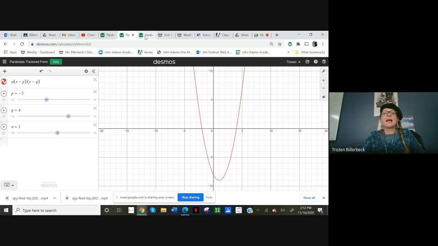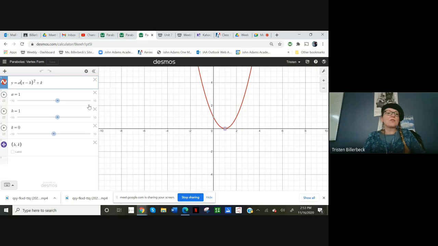All right, the last form of a quadratic equation is the vertex form. So if we notice right now, I have a equals 1, h is 1, which is my x value, and k is 0. Now, if I want to have this as a parent, I just put the h as 0, and there's my vertex.